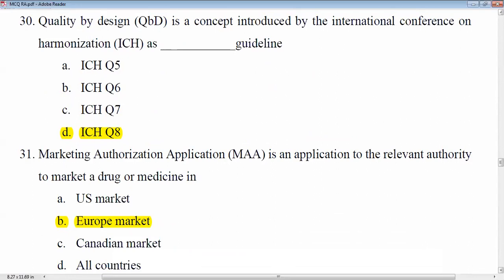Option A is ICH Q5, option B is ICH Q6, option C is ICH Q7, and option D is ICH Q8. So the correct answer is: quality by design is a concept introduced by the International Conference on Harmonization as ICH Q8 guideline.